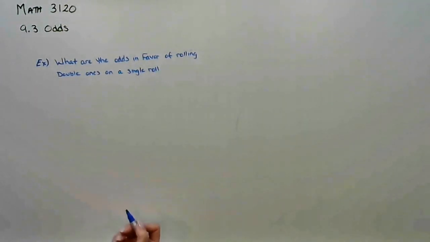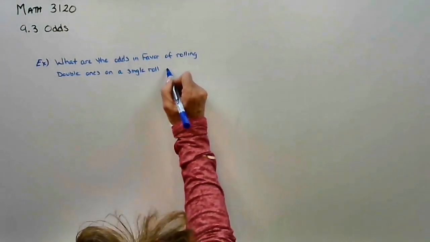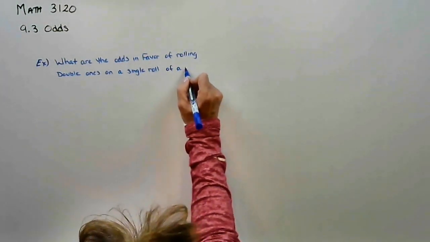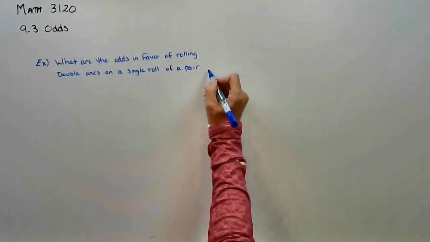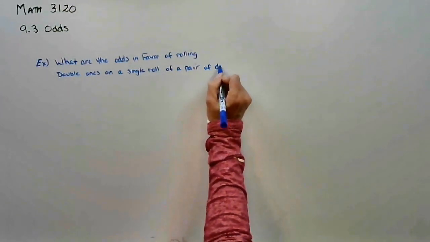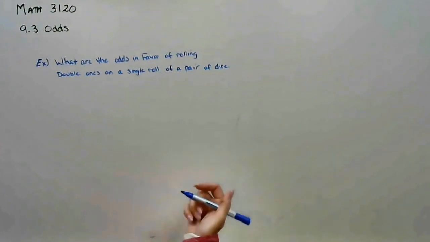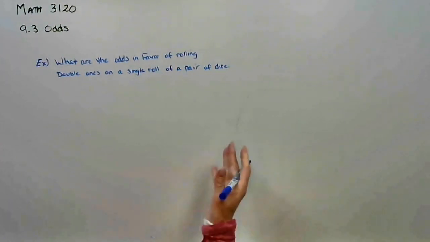On a single roll of 2 dice, or a pair of dice. So you're holding 2 dice in your hand. You roll the dice one time.